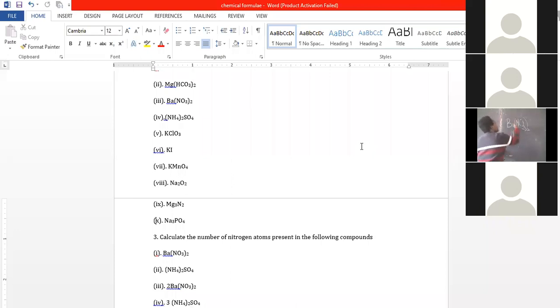Now, all this nitrate is in brackets and it has a 2 outside. So this 2 multiplies whatever is inside the brackets. So that means it is 2 times 1 for nitrogen and then 2 times 3 for oxygen. But our question is looking at only nitrogen, so it is 1 times the 2 outside, giving us the 2 atoms for nitrogen. I hope that is fine for all of us.